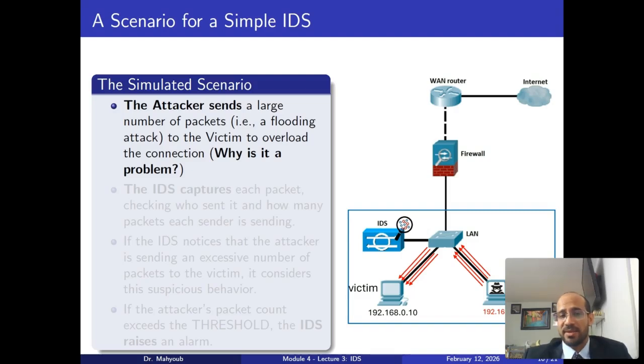Imagine that an attacker is trying to disrupt the services of a target computer, another computer that's called the victim, and that's by sending a flood of packets, a lot of packets. And the question here is, why is this a problem if someone is trying to send many packets to another computer?